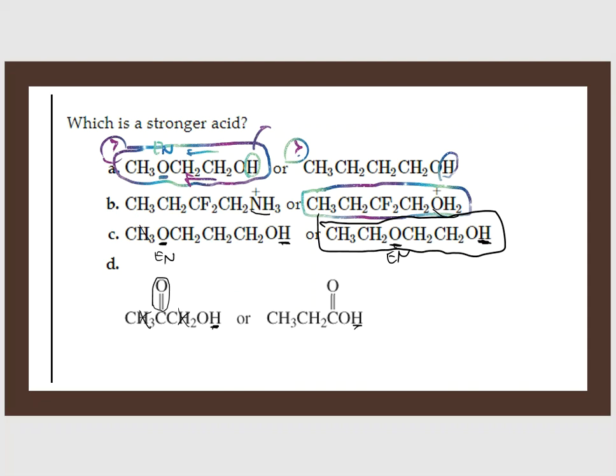Look up here at part C. 3 hydrogens to there, 2 hydrogens to that carbon, 2 to that carbon, 2 to that carbon. The only hydrogen that I have to pick from is that hydrogen on the very end right there. Okay, so D, there's my acidic hydrogen on the end. Here's my electron withdrawing group. This is my electronegative atom. And this one is closer to that hydrogen than this one is.